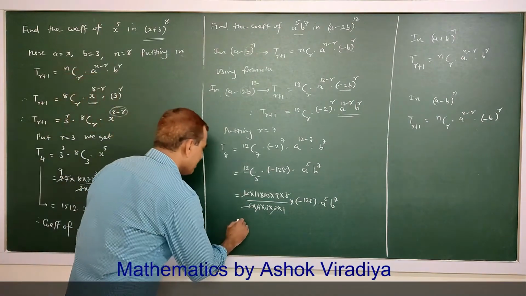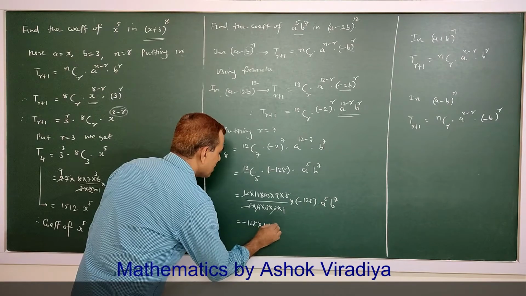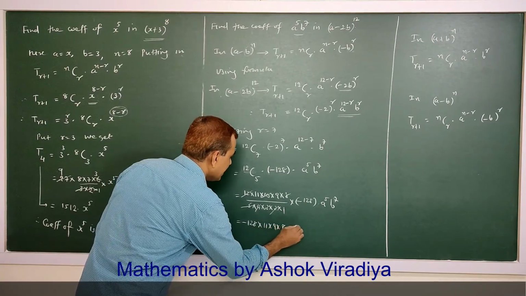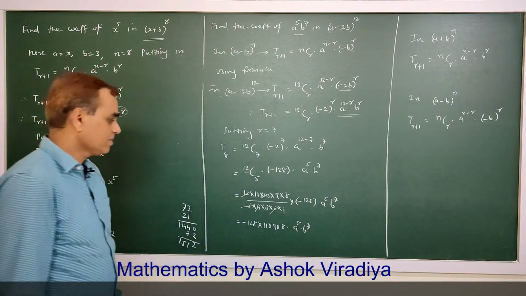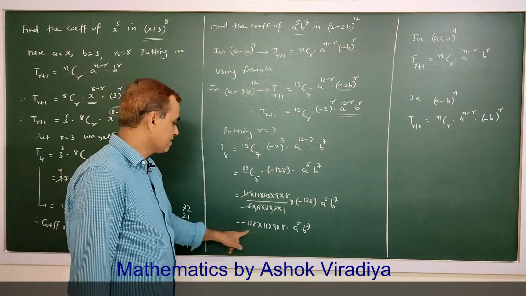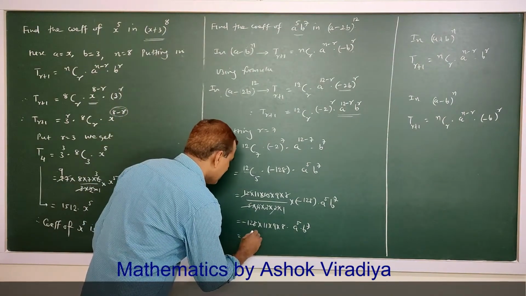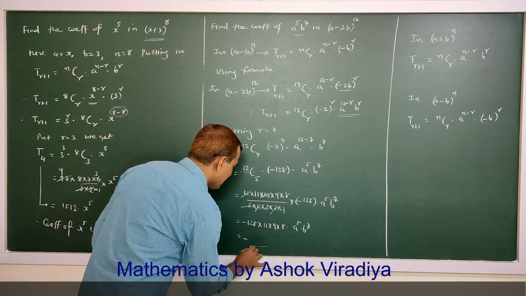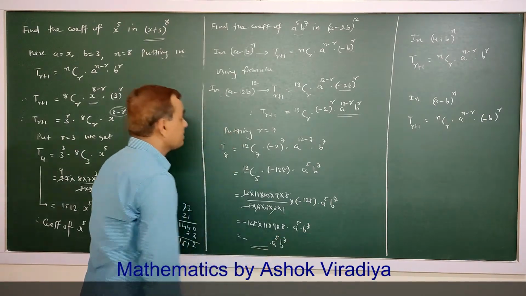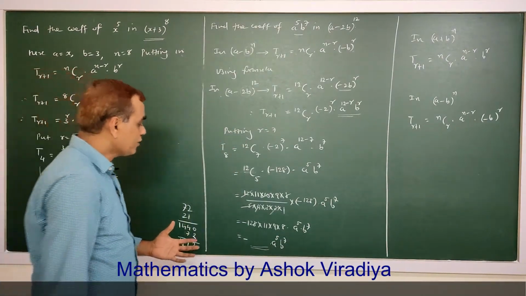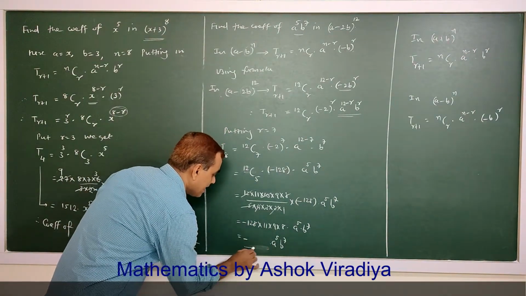So the product will be minus 128 into 11 into 9 into 8 into a raised to 5 b raised to 7. This can be calculated using a calculator. So the coefficient of a raised to 5 into b raised to 7 will be a negative number.